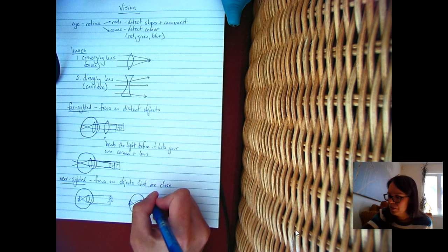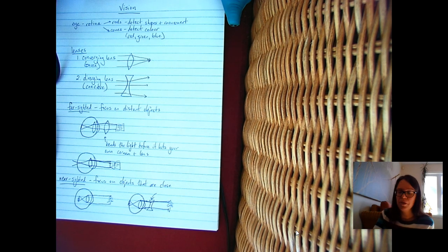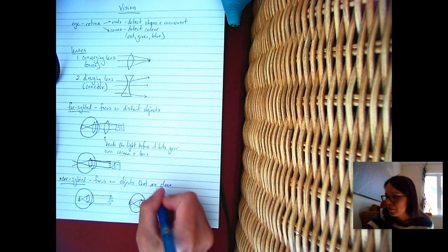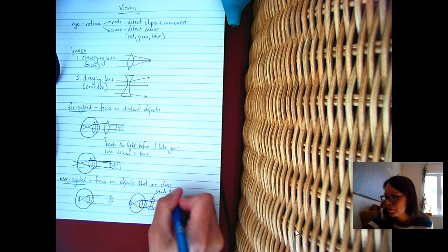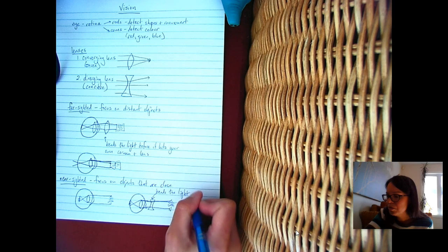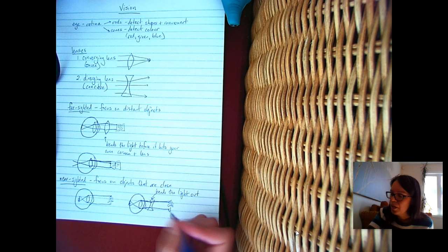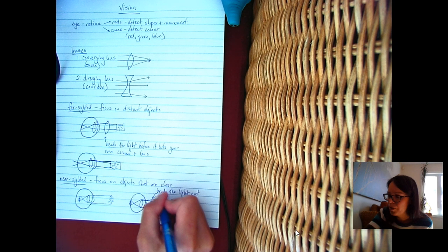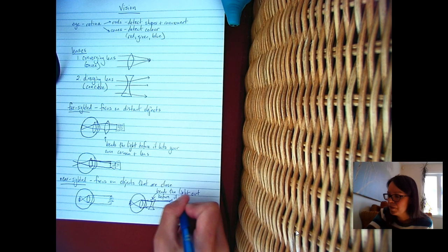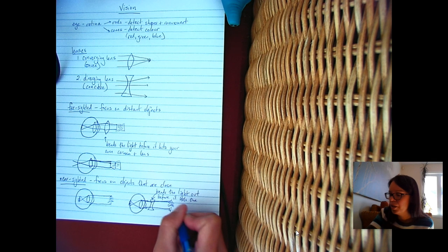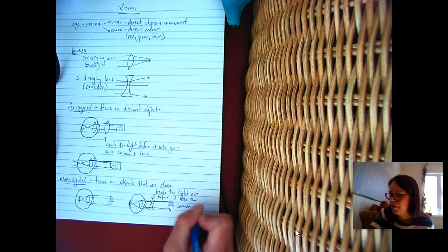So I'm going to do this here. It doesn't actually show it that well in my picture, but it bends the light out before it hits the cornea and lens.